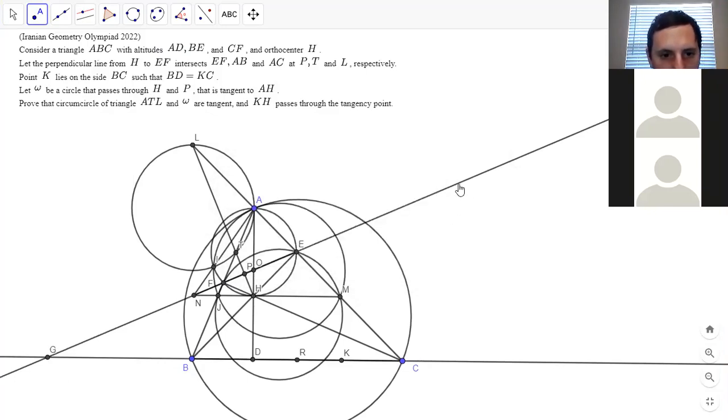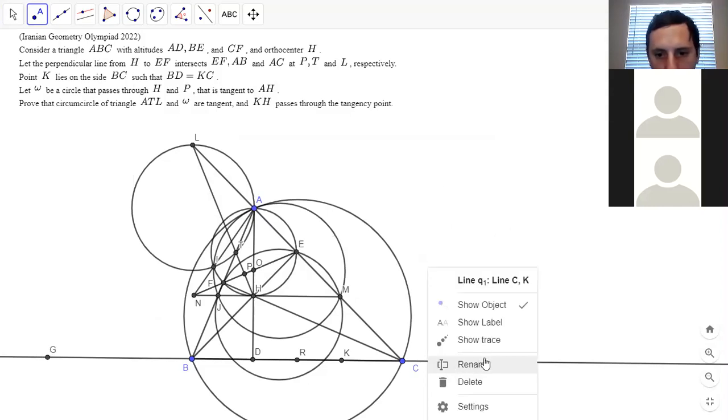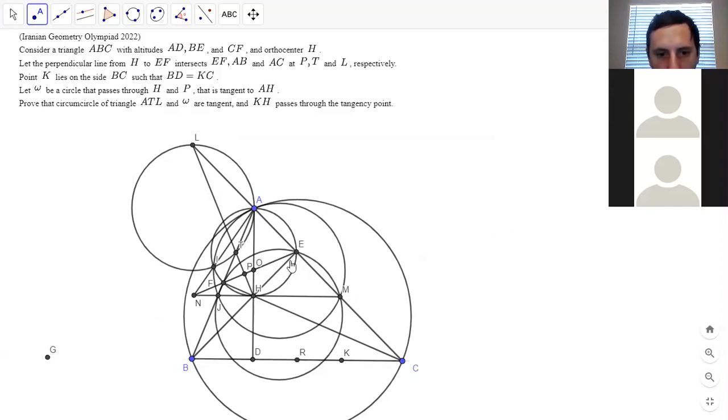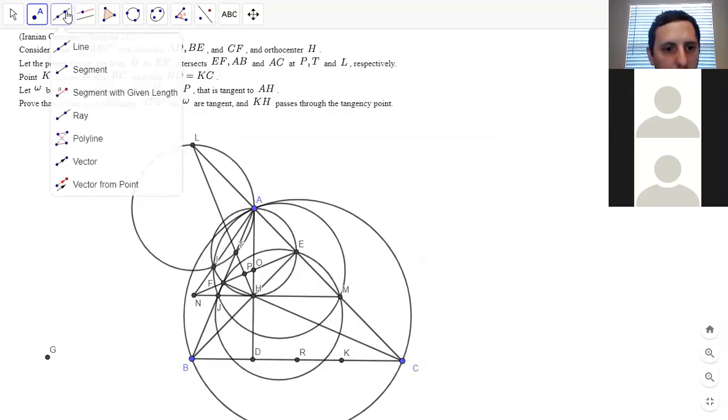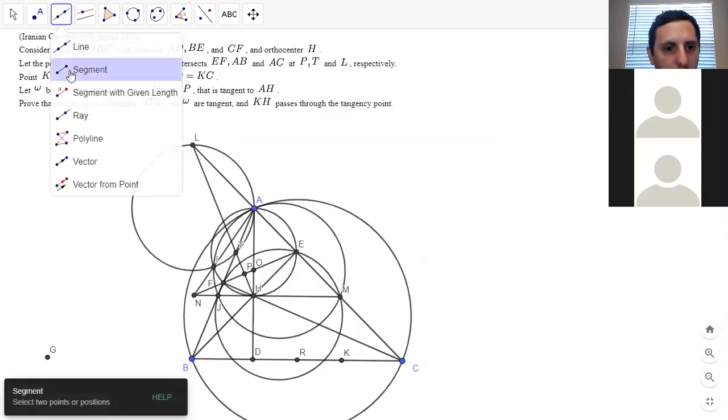Then we call the intersection of AN and BC.